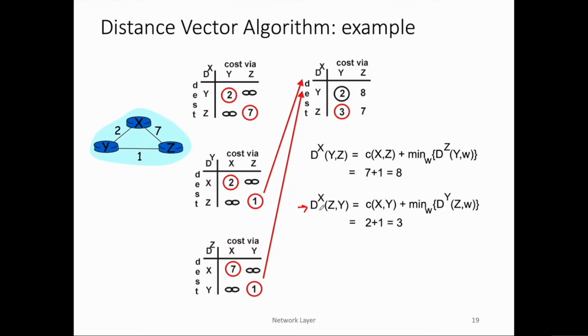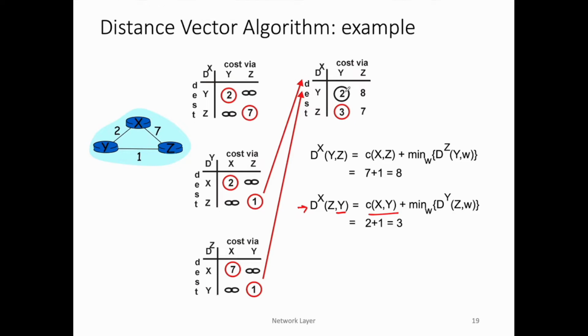What it says is the cost to reach from X to Z via Y. This via Y is telling me that the update message is coming from Y, to reach destination Z. So what is the cost to reach from Y to Z? It's 1, right? First we calculate the cost to reach from itself to Y. If we look at the table, what was the cost to reach from X to Y?